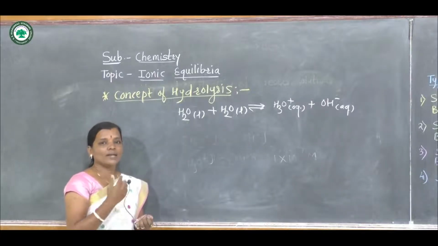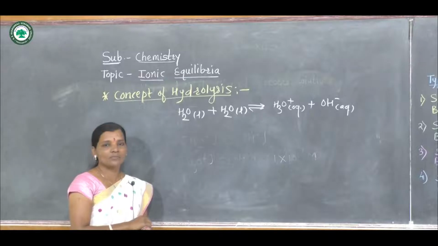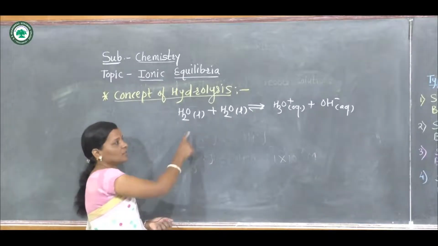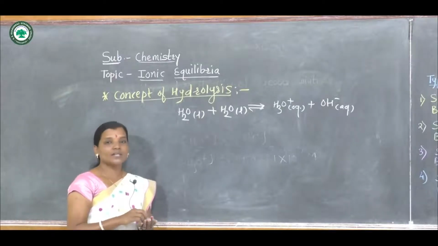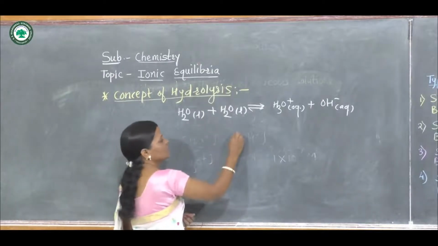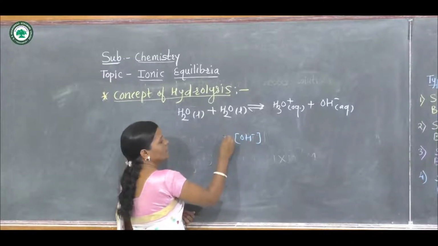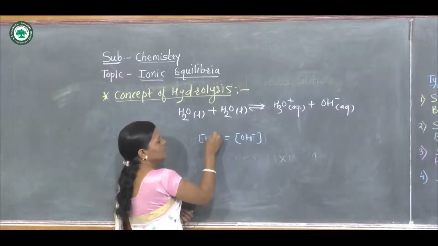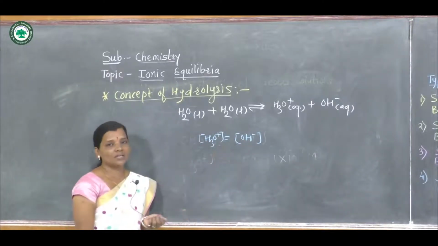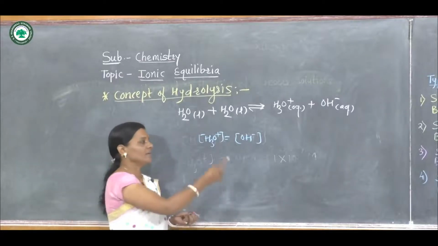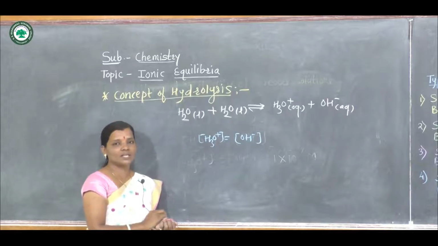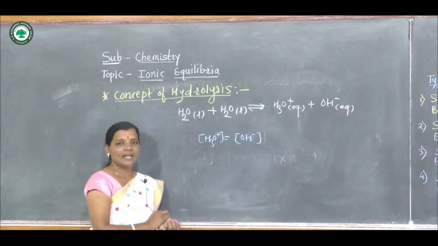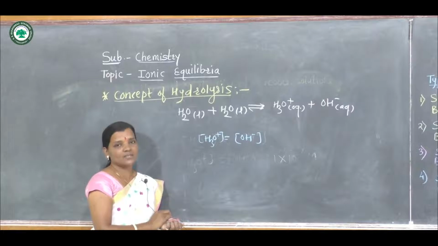Now whatever ions are formed from that salt, if they do not interact with water, then in that case the hydroxyl ion concentration and the hydronium ion concentration are not disturbed. That means the equality of the concentrations of both these ions, hydronium ion and hydroxyl ion, remains the same, and hence the pH of the solution also remains constant.